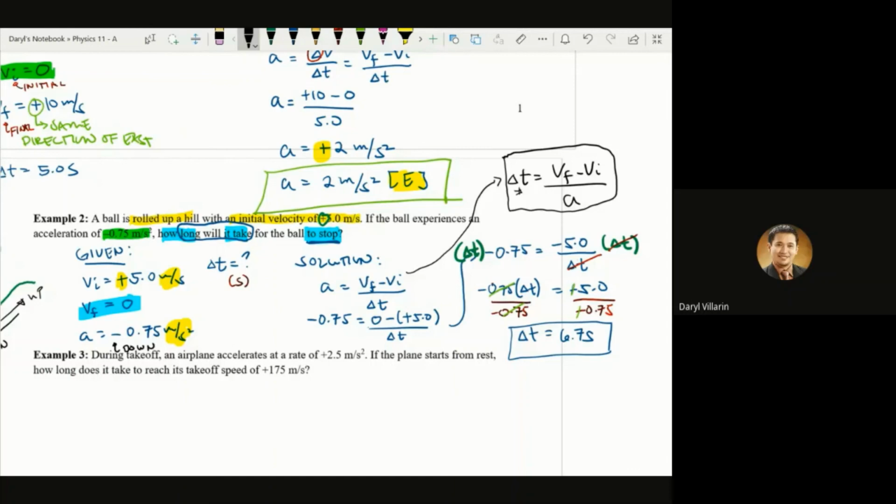But then again, I usually tell my students that if the velocity is given in centimeters per second, just convert that to meters per second. I think it's much easier.